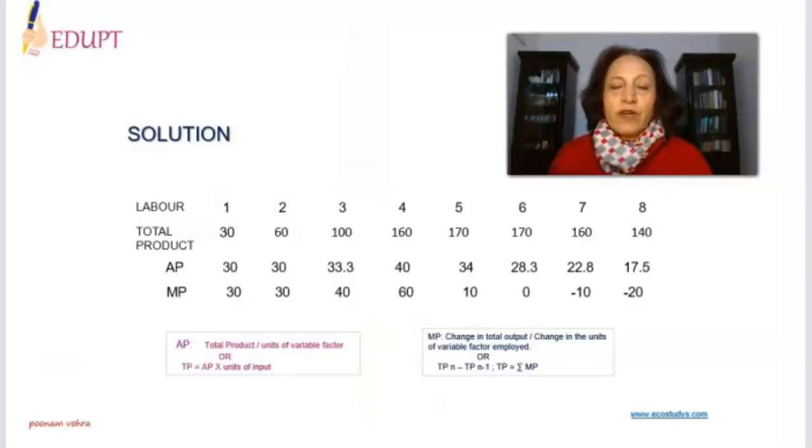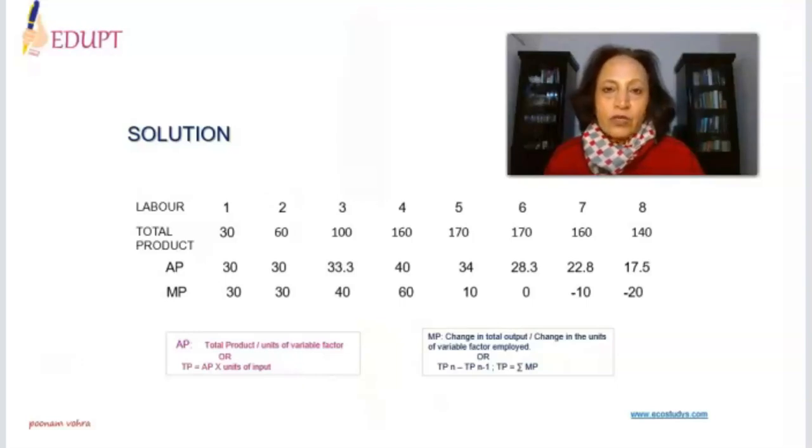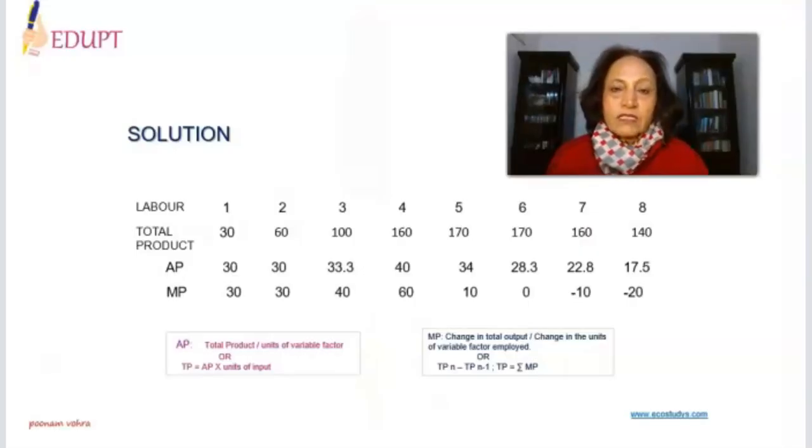So formula for finding average product is total product divided by units of a variable factor, that is labor. Marginal product is total product of n units minus total product of n minus 1 unit. So I shall explain you only till 3 units of labor employed. Rest you can do it by yourself.